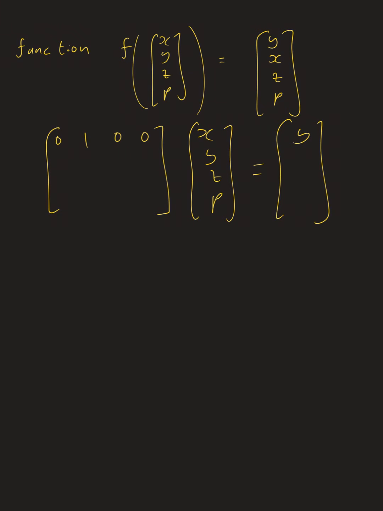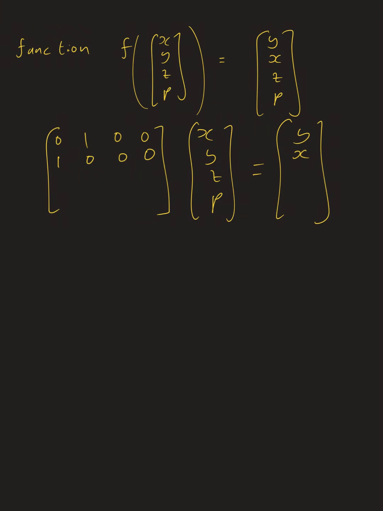So multiply this out now. This multiplied by this gives me my first element. So 0 times x, 1 times y, 0 z, 0 p gives me 1 times y. In the next place here, I want x. So, for my second row, I want 1 times x, so I put a 1. And I don't want anything else, so the rest are zeros. And that gives me my x. Now the next two rows aren't going to change, but let's go through them.